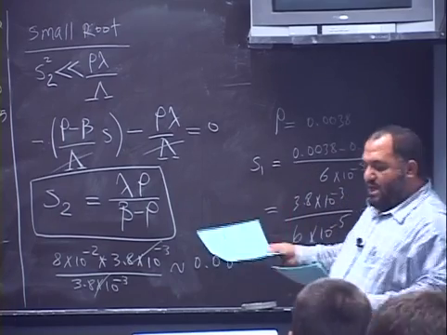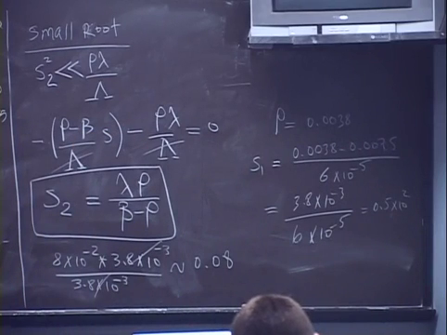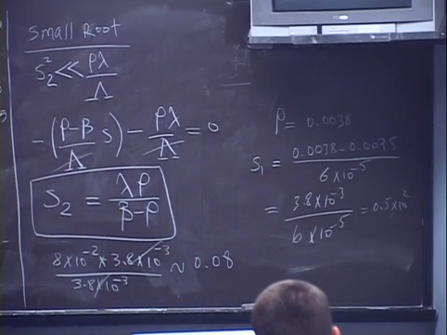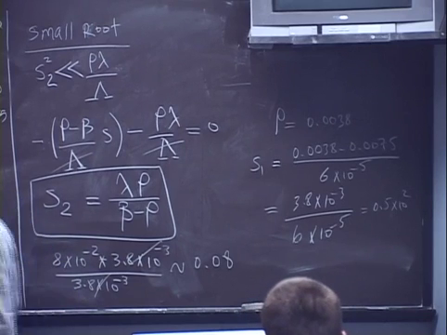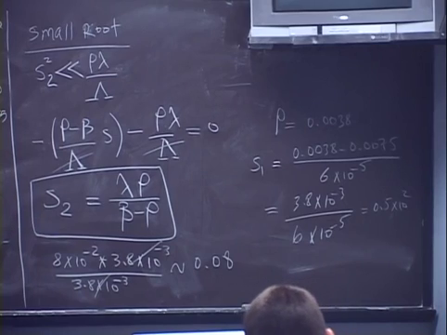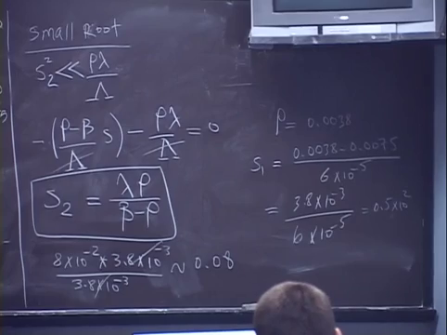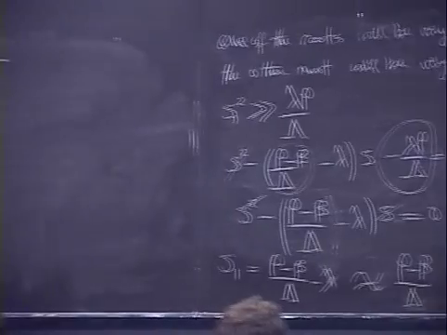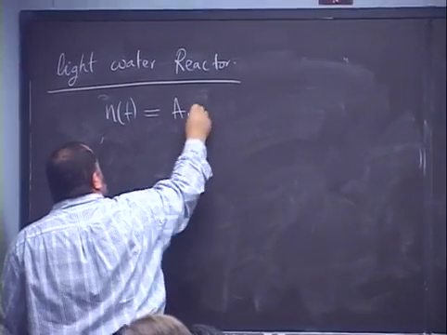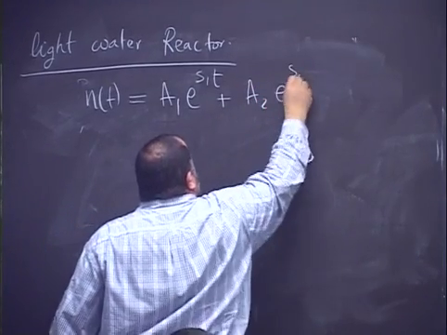Okay, guys? So if you look at the neutron population, it was just n of t equal to A1 e to the power of S1t plus A2 e to the power of S2t.